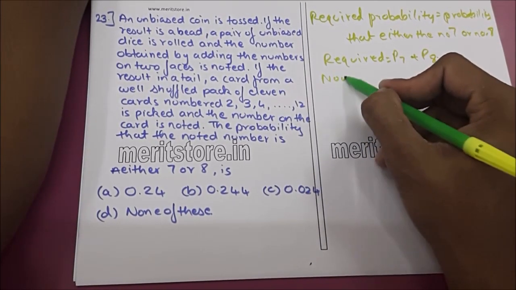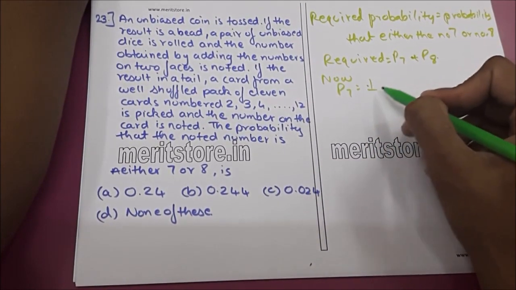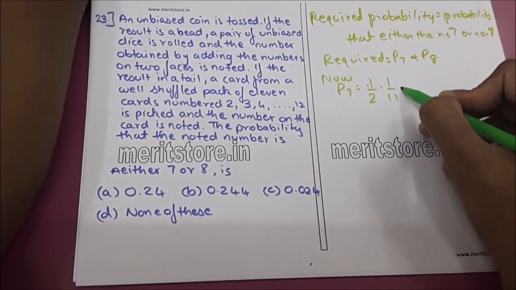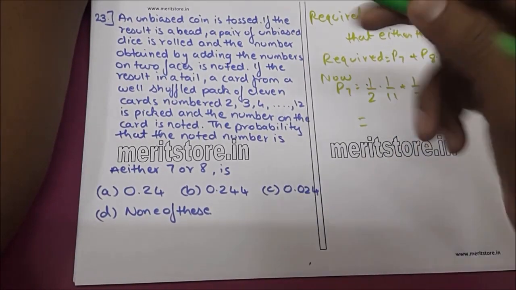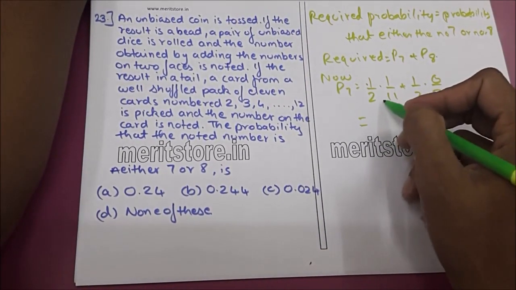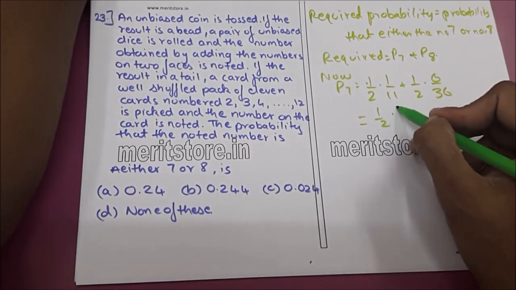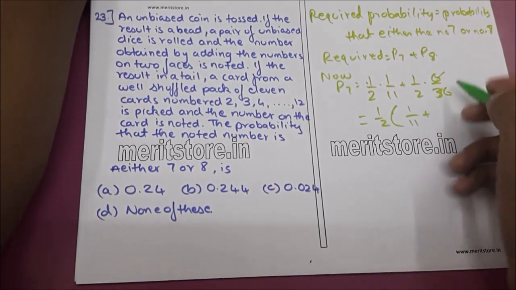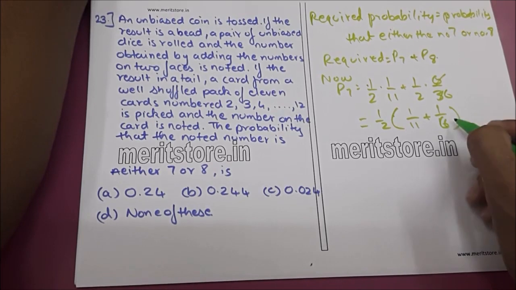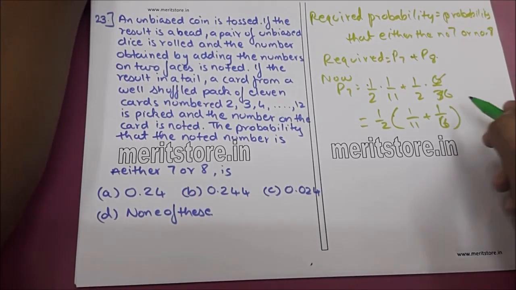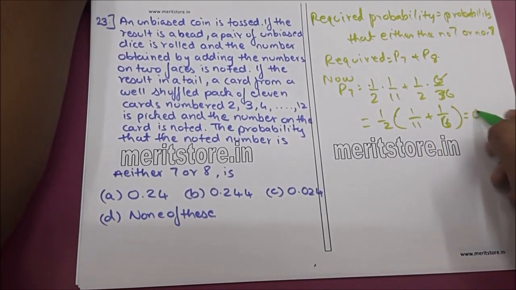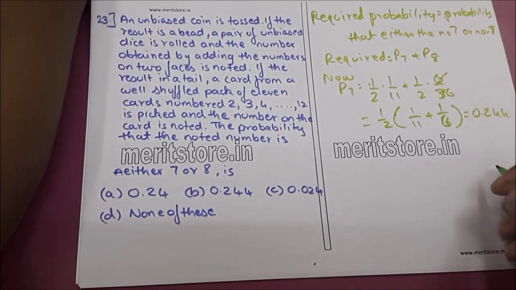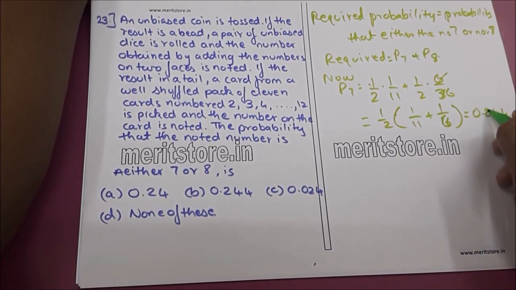So now for P7, we have 1 by 2 into 1 by 11 plus 1 by 2 into 6 by 36. We solve the probability part and we add it, we get 1 by 2 into 1 by 11 plus 1 by 6. We solve this, we get this as 0.244.